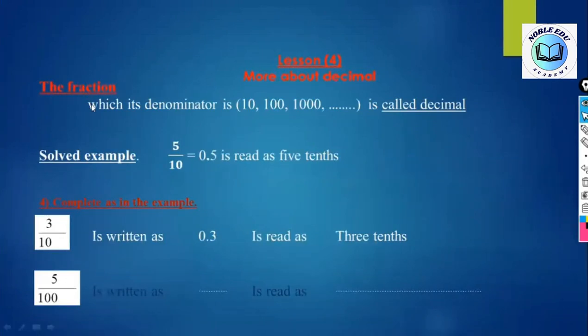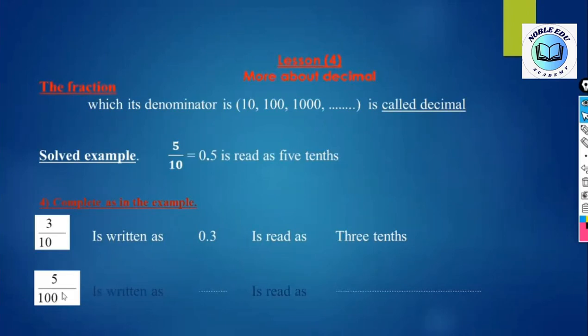Now I want to write a fraction as a decimal number. Okay, if I have 5 over 10, it means 0.5, and we read it as 5 tenths. 3 over 10 is 0.3, and we read it as 3 tenths. 5 over 100, how many decimal places now?